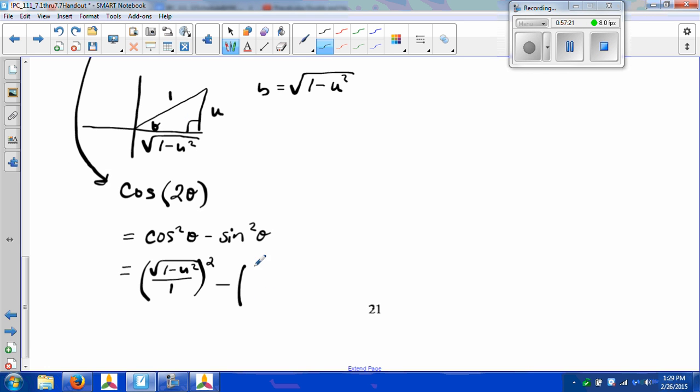So u over 1, squared. So I get 1 minus u squared, because the squared and square root cancel, over 1, but that's fine, minus u squared. So I get 1 minus 2u squared. And there you have it.